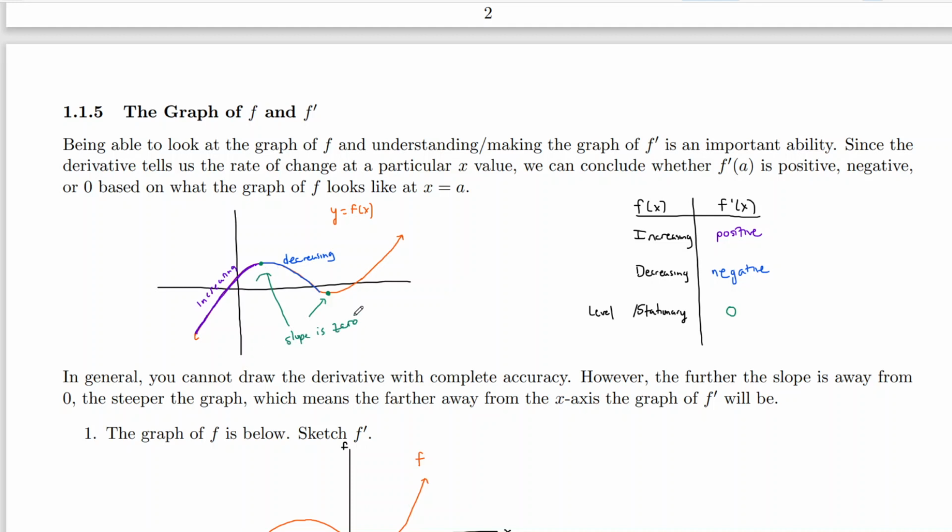And really, when you sketch the graph of the derivative, you base it around where the slope is 0. Okay, so this is just a little chart to help you remember, but it's also very important. If the function's increasing, the derivative's positive. If the function's decreasing, the derivative's negative. And if the function is stationary, level, flat, whatever you want to think about it, the derivative is 0. But often on graphs, it looks like tops of the hills, bottom of the valleys.